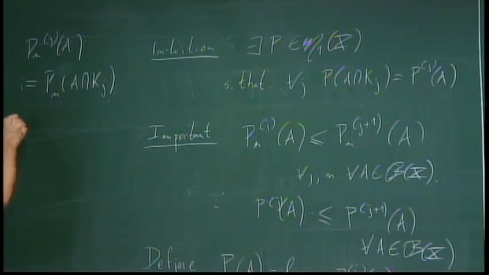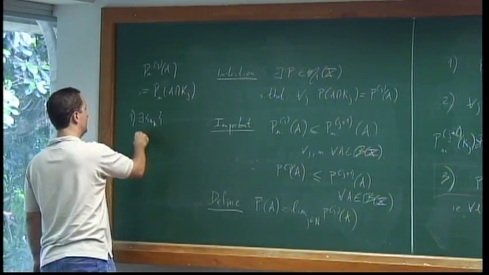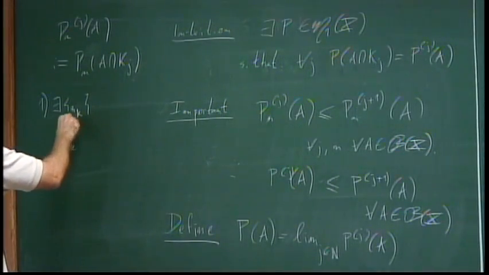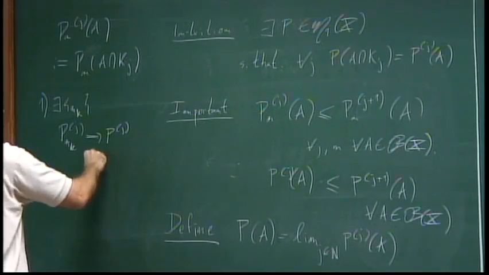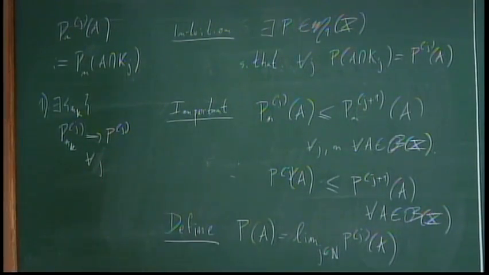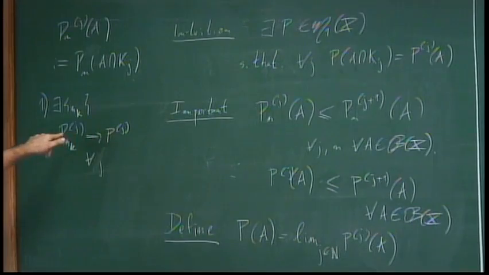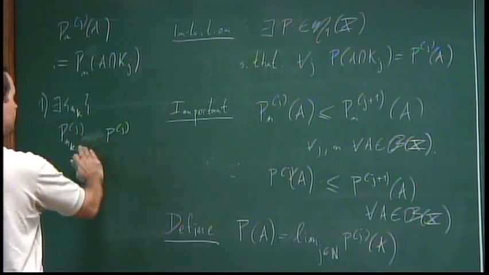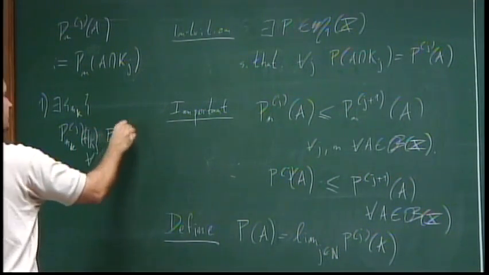So we showed that there exists a sequence n_k such that P_{n_k,j} converges weakly to some P_j for all j. Right, so with this diagonal trick, we've managed to prove that this converges weakly for all j simultaneously, and converges weakly in the sense that the integrals of continuous functions converge.